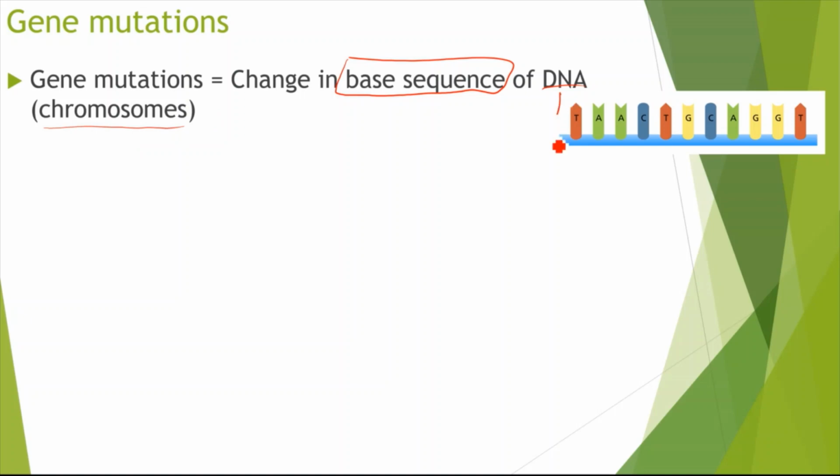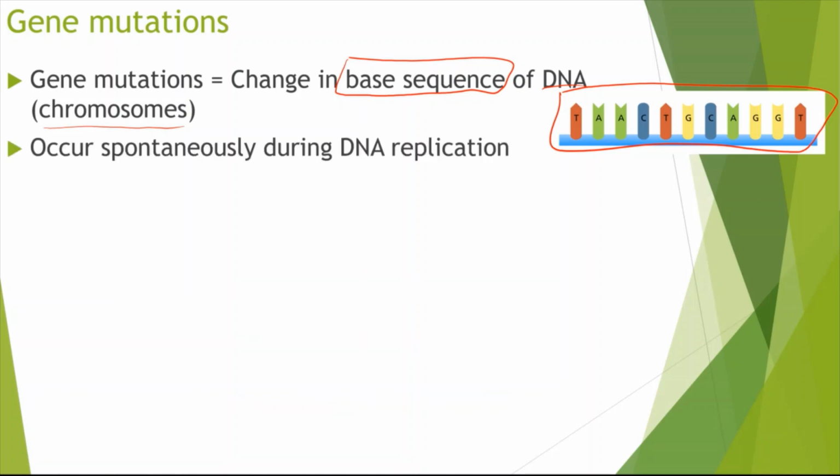When we're talking about base sequence, we're talking about the bases thymine, adenine, cytosine, and guanine, and the sequence of these. So in a mutation, the base sequence is basically changed. These mutations occur spontaneously during DNA replication, so you cannot predict when they will occur, as they just occur randomly.